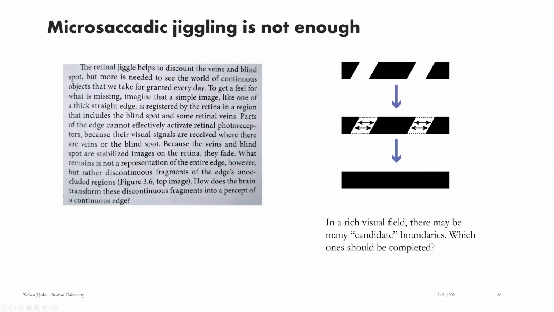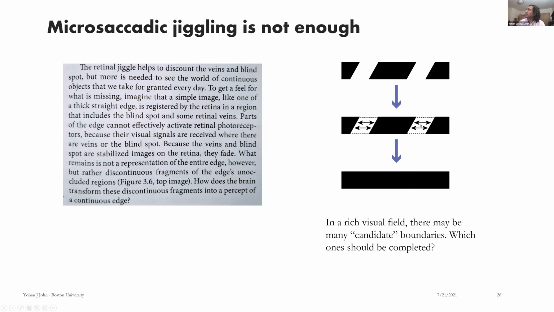So the reason why microsaccades will not be enough is because if you look at the total width of the blind spot, it is actually much greater than what you would consider a microsaccade itself. Aha. No, so why couldn't he have said that in this paragraph? Anyway, yeah. So there's some reasoning that you'll still have holes that haven't been stabilized.